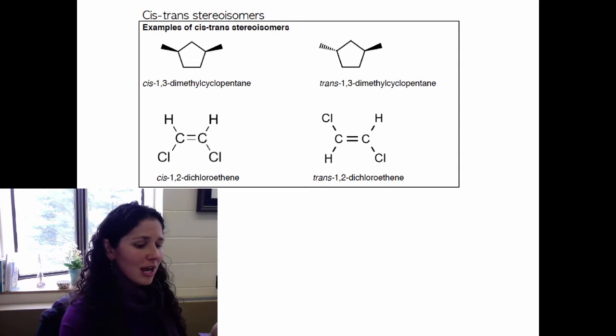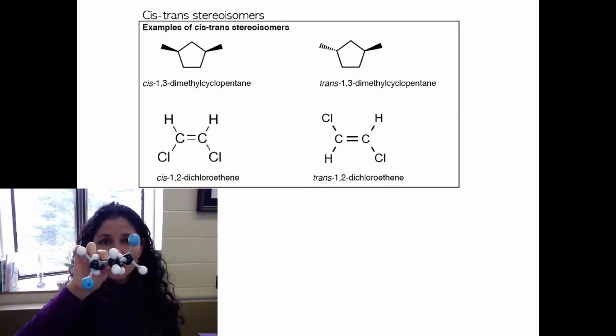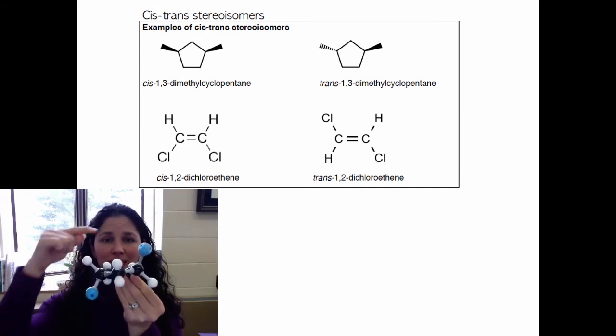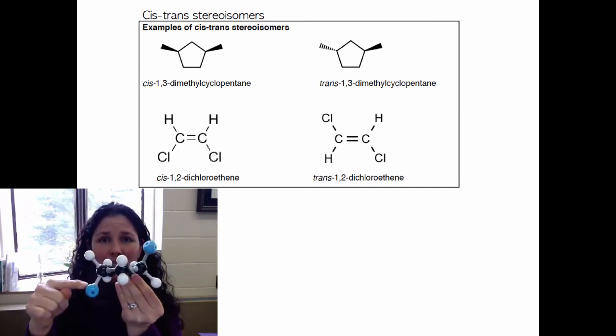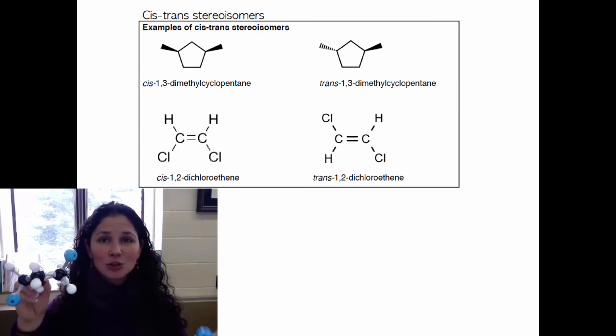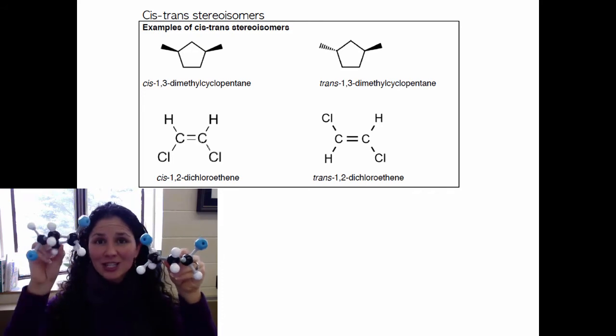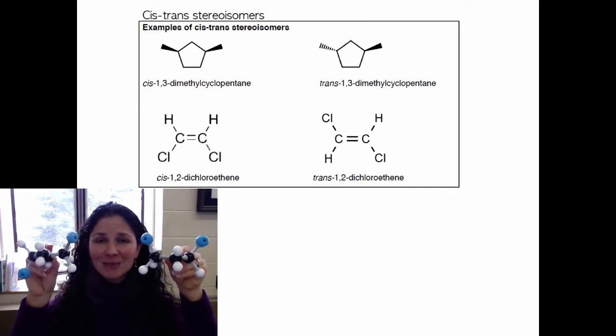And therefore, a molecule that has a different orientation of those groups, in the trans orientation, basically where one group is stuck on the opposite side of the ring than the other, is different. And now these are 2 different isomers. One is the cis isomer and one is the trans isomer. Cis means same side and trans means across from.